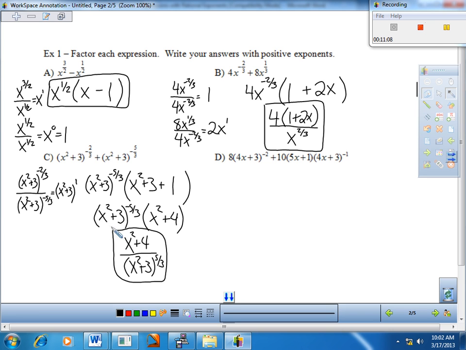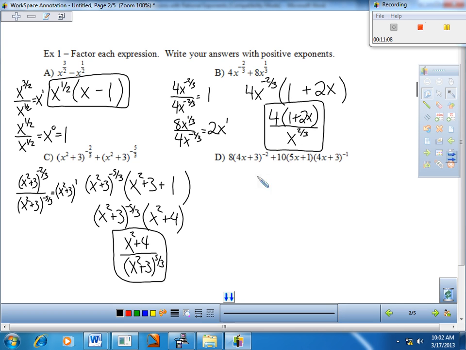All right, letter D. Let's see if this one works. Okay, so one term with some stuff in it, another term with some stuff in it, separated by that plus right in the middle. Let's see if we can get a greatest common factor here. And again, if it helps you, I've told students over the years, maybe just circle that, and then circle that, and then see what is common to both of those.